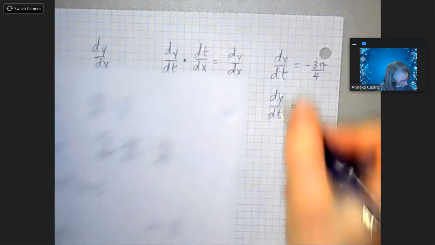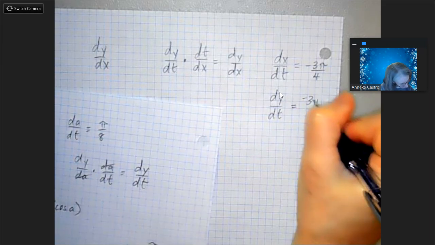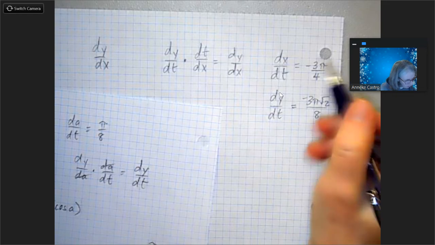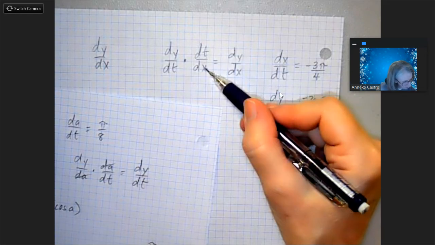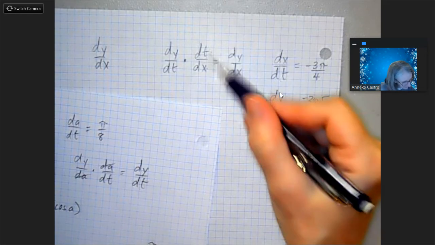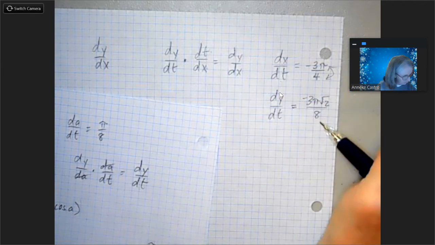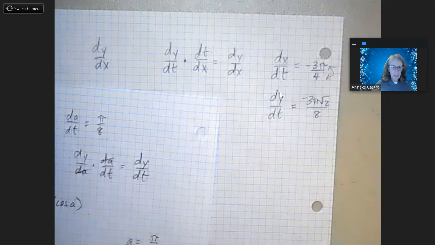That was negative 3 pi square root of 2 over 8. So I just want to take the reciprocal of dx/dt to get dt/dx.